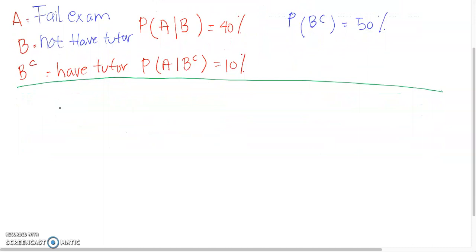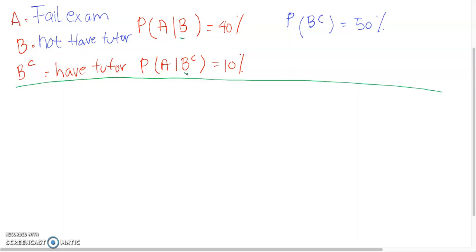For answering the problem, let us construct a tree diagram first. So we start with the prior probability, which is having a tutor. Starting from a tree diagram, we have an origin and make a branch to define the prior probability, which is not have tutor, B, and have tutor, B complement.